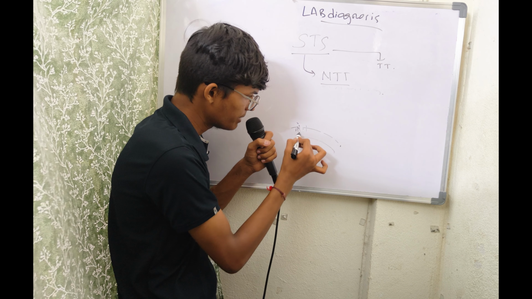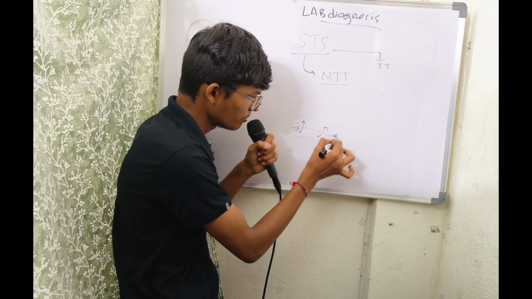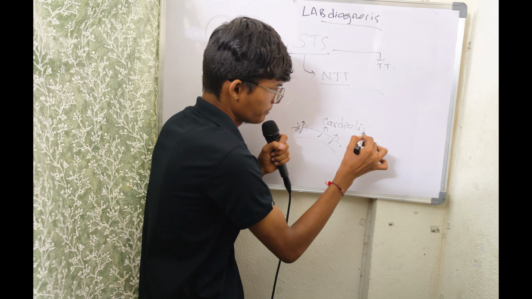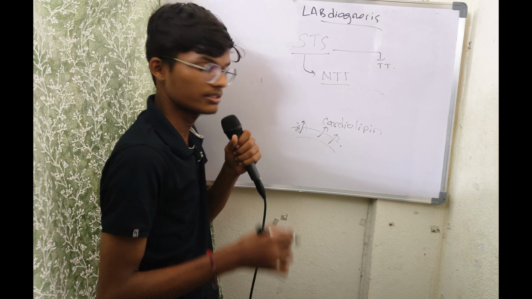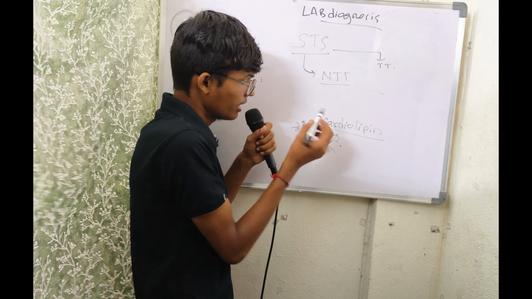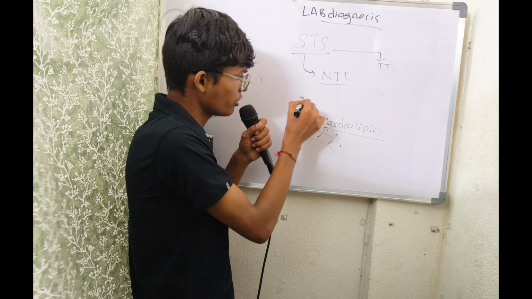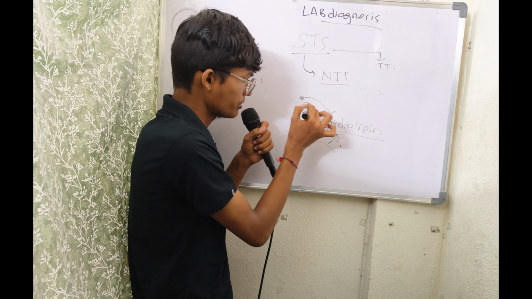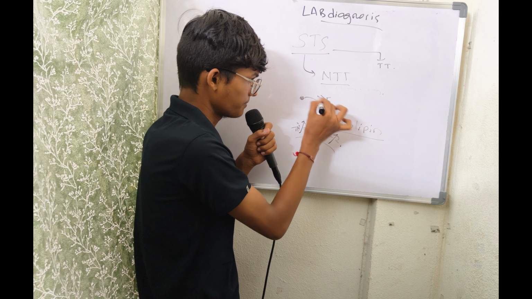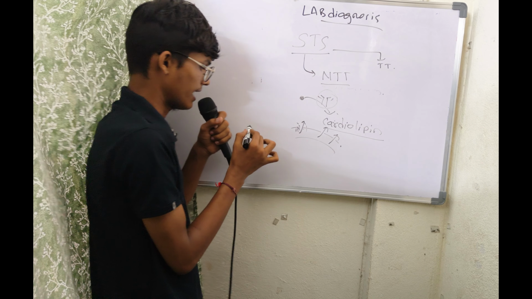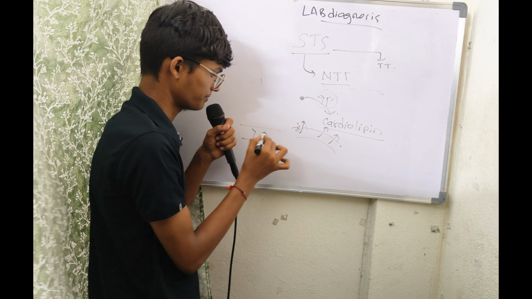So these lipids will leak out. One of those lipids is cardiolipin. The immune system of our body detects this cardiolipin as antigen and produces antibodies against it and destroys it. And these antigens are circulating in the blood.